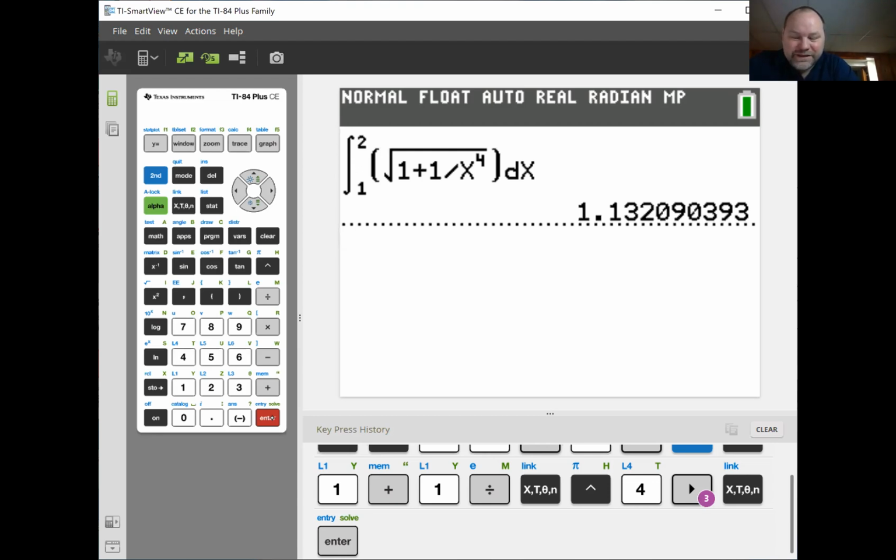I believe the calculator uses Simpson's rule to calculate these integrals. So you could certainly do it that way. 1.132 rounded to 3 decimal places. That would work.